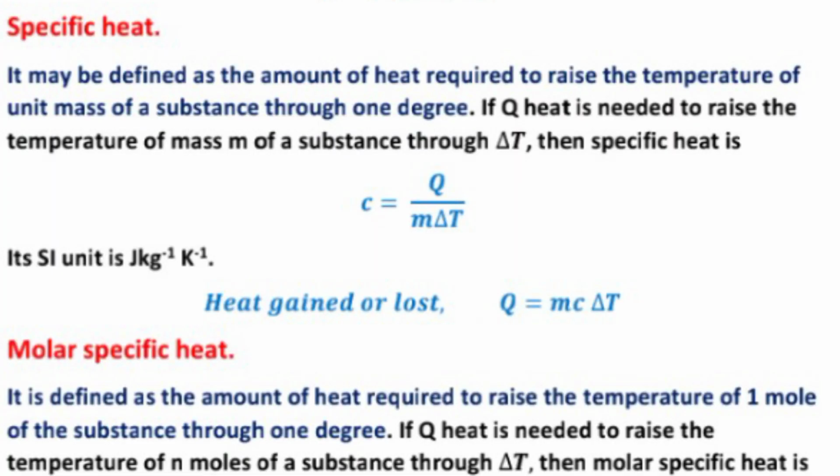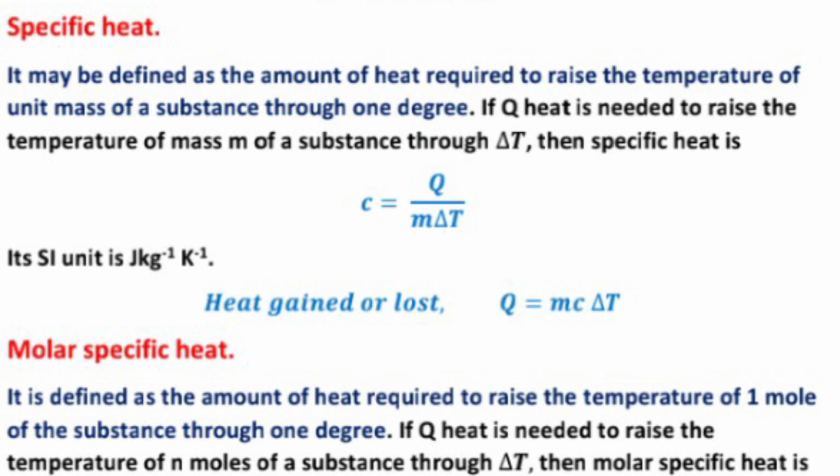Now I am moving to the next topic, specific heat. What do you mean by specific heat? It may be defined as the amount of heat required to raise the temperature of unit mass of a substance through 1 degree.